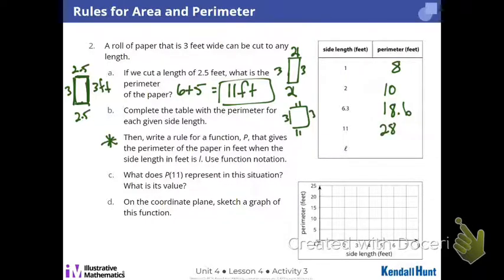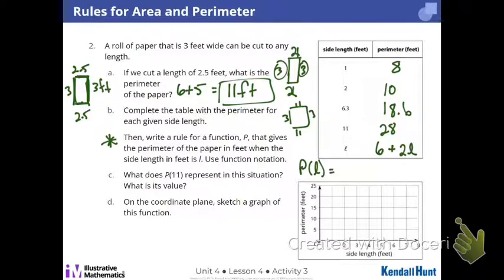So as we can see from rolling down our table, we've got this rule here. The rule is, we know we're starting with a perimeter of 6, right? These two 3s every time on the sides of our roll. And then we're going to add 2 times the length that we cut off. And that'll always give us the total perimeter. So what that's going to look like for our rule is we're going to have the function for perimeter of the side length, right?